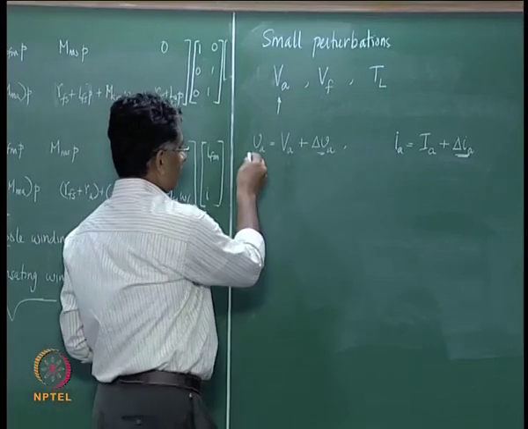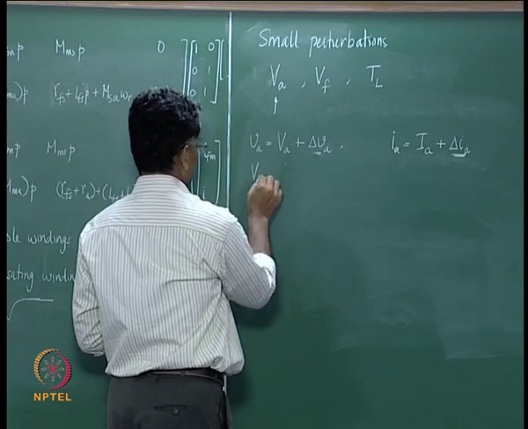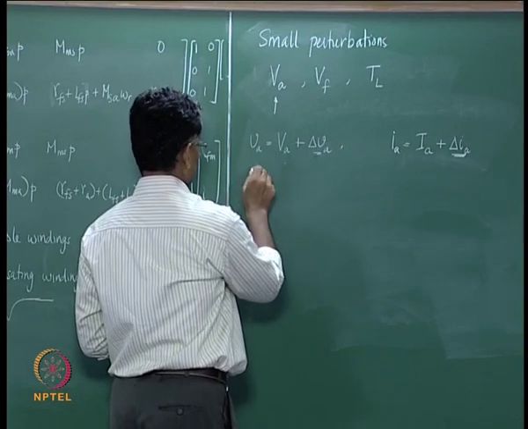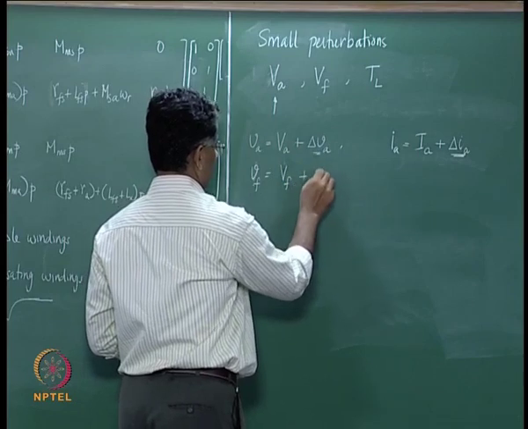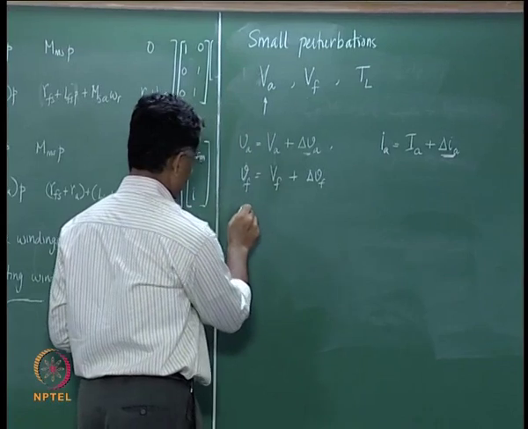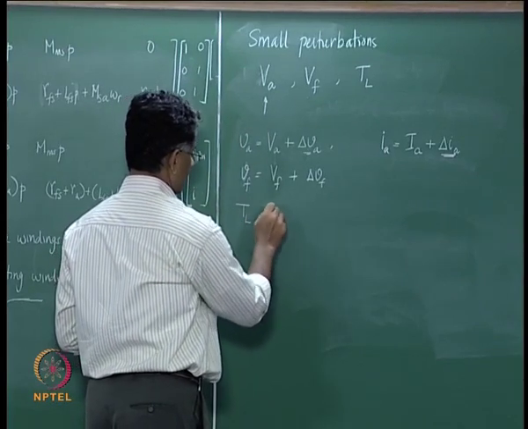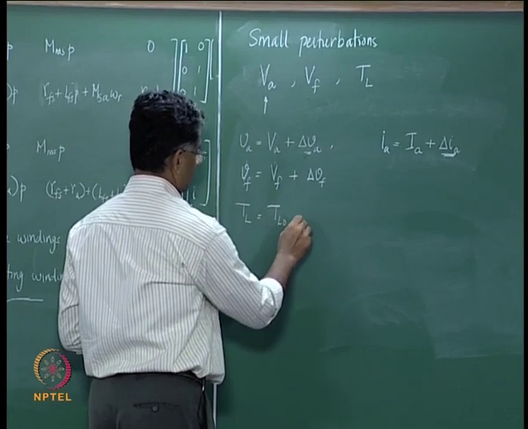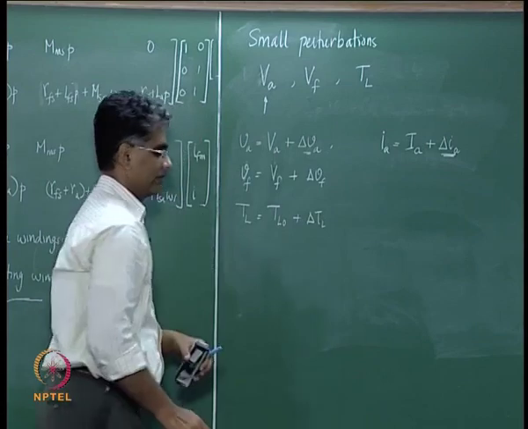VA is disturbed by delta VA, VF was operating at VF and could experience a small disturbance delta VF, and the load torque TL was operating at some TL naught and then undergoes a delta TL variation.